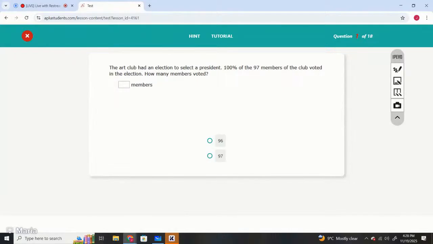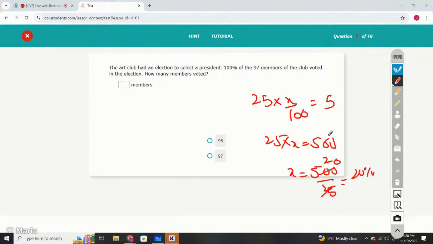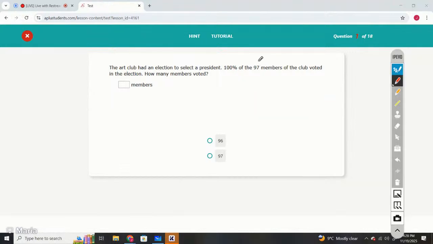The art club had an election to select a president. 100% of the 97 members of the club voted in the election. How many members voted? So 100% of 97, we need to calculate the part of 97. How much part? 100%, right?